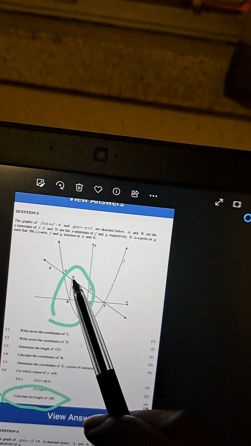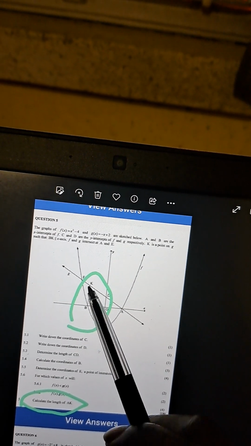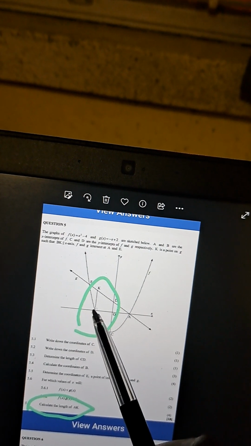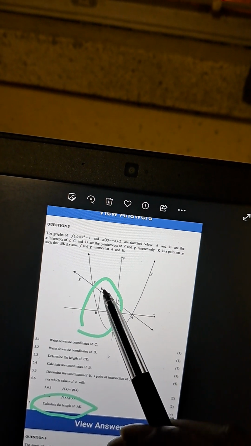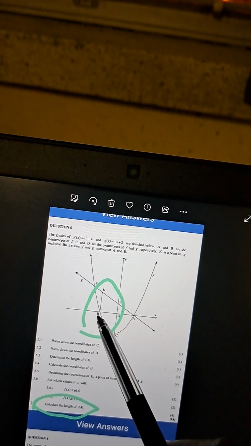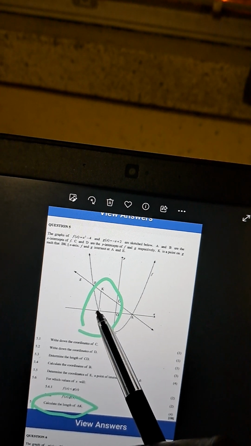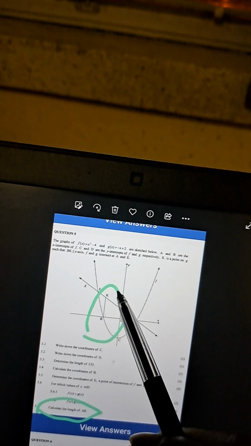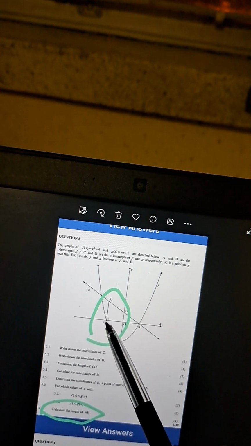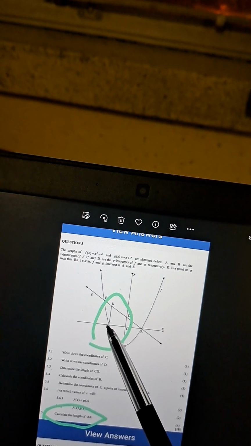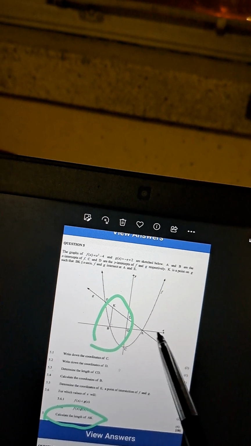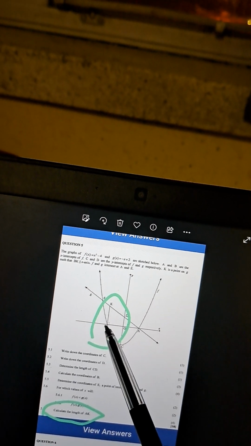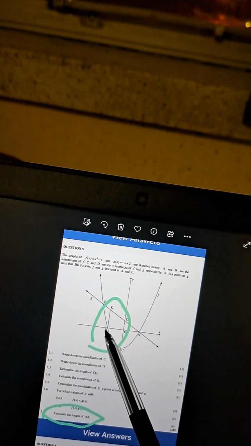See KB. K shares the same x coordinate with B. The x coordinate of K is -2. The x coordinate of B is -2. Look at points B and A. They are on a horizontal line, so they share the same y coordinate.